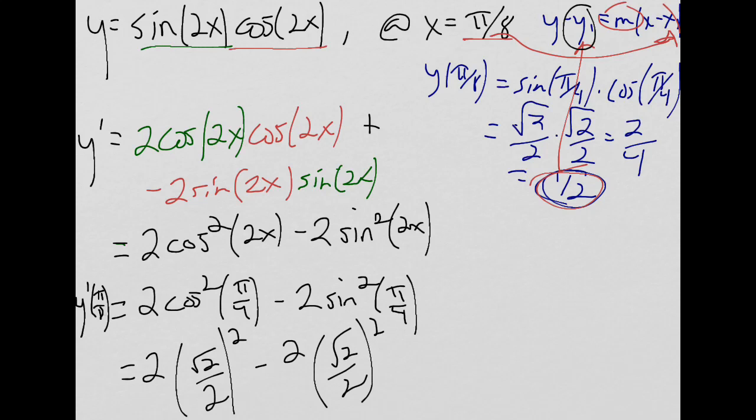Each of those terms is 2 times 2 over 4, minus the same thing, 2 times 2 over 4, which is 1 minus 1, which is 0.